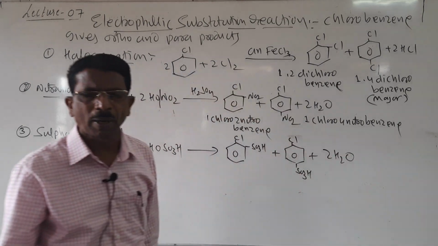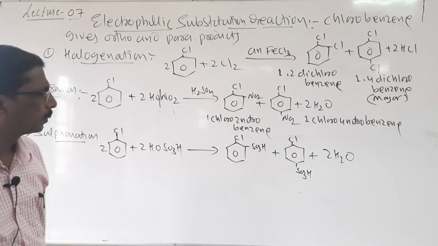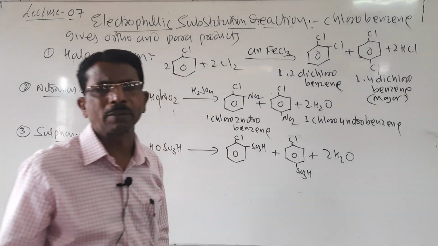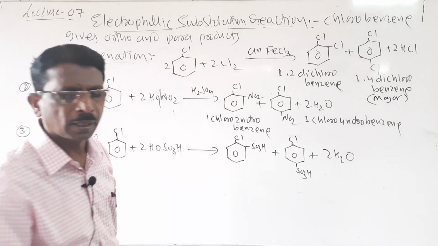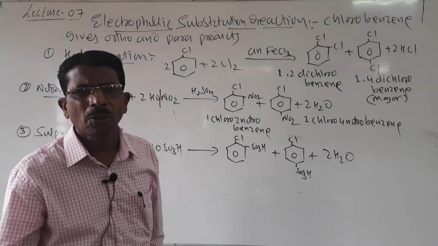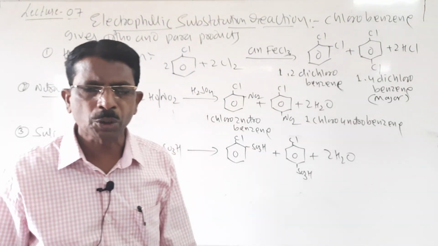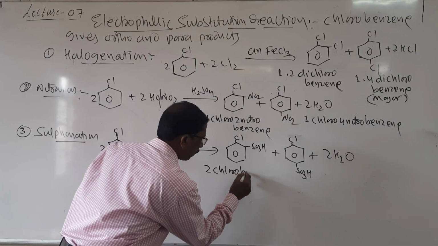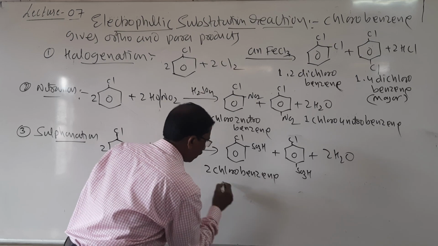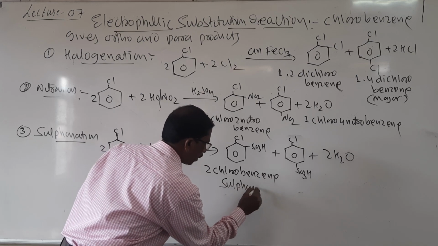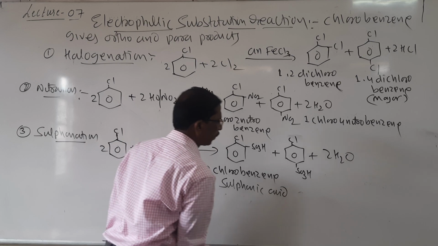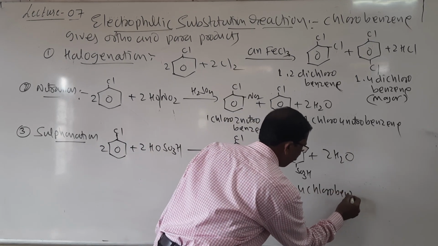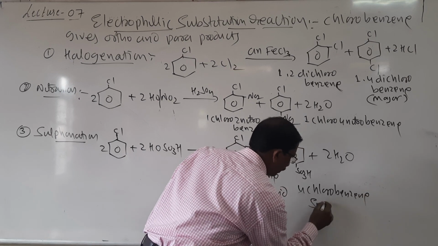Look here students, what is the name of this reaction? The sulfonic group gets number 1 and numbering begins from it, so it is 2-chlorobenzene sulfonic acid, and 4-chlorobenzene sulfonic acid.